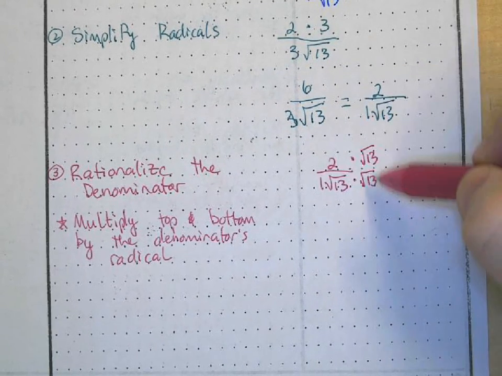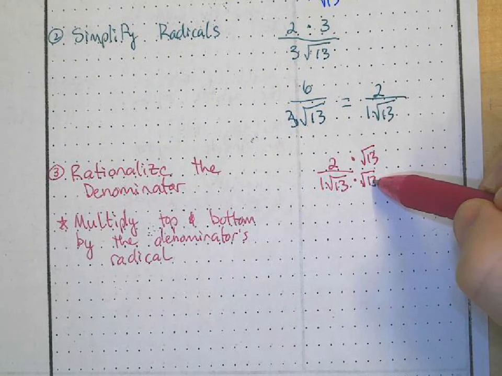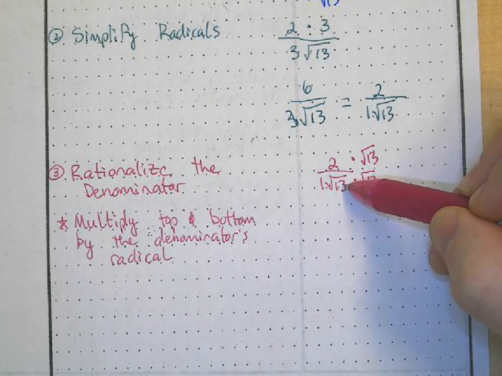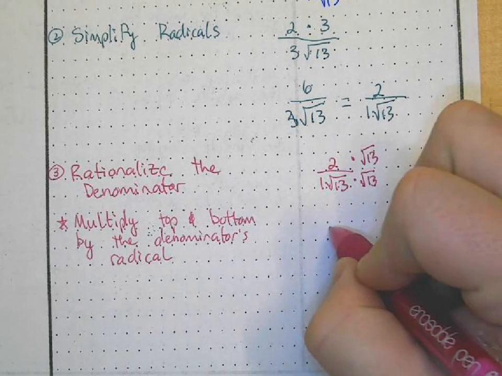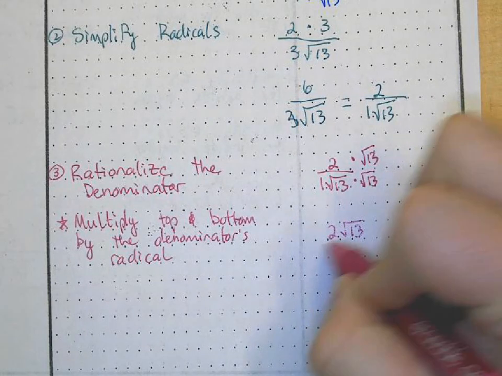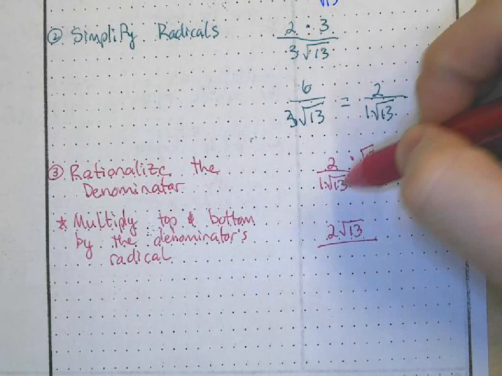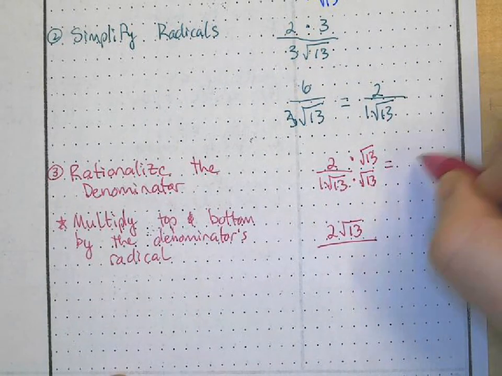And what this does is it essentially gets rid of the square roots. So I'm going to go 13 times 13, and then I'll take the square root of that. So I'll be left with 13. So I'm going to say 2 times the square root of 13. It just stays the same. I can't multiply these together. And then what we're doing, I'll show you this is the long way.